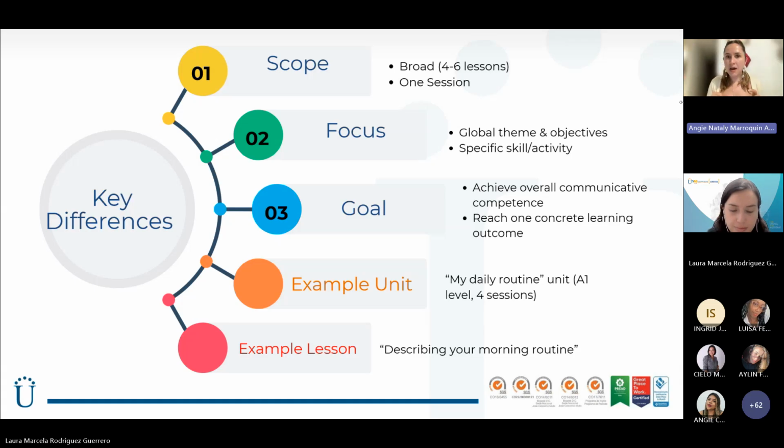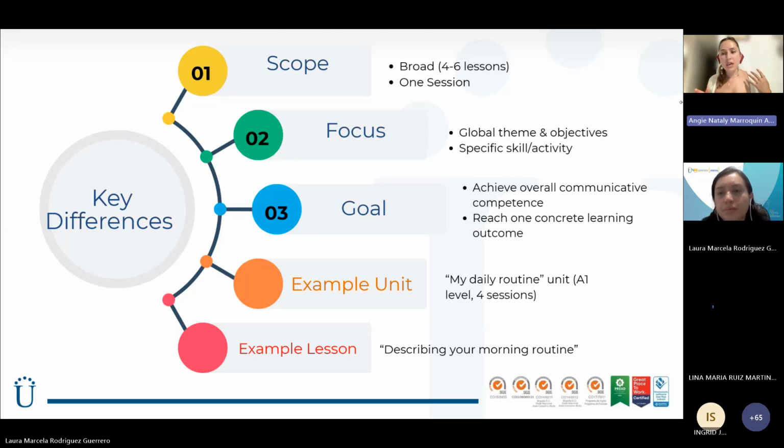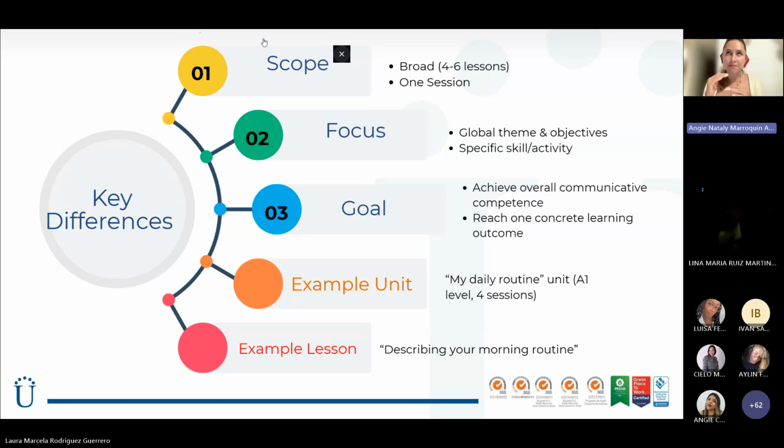For example, for the didactic unit, we can have a broad scope, like from 4 to 6 lessons. And we can also have one session for each one of the lesson plans, according to the design. But remember that this is under the unit, under the things that I already created for my unit. So the way that I'm going to reach the big goal is step by step, developing each one of the lesson plans.